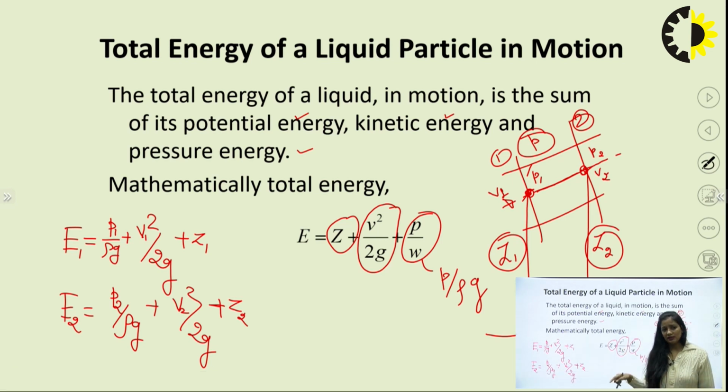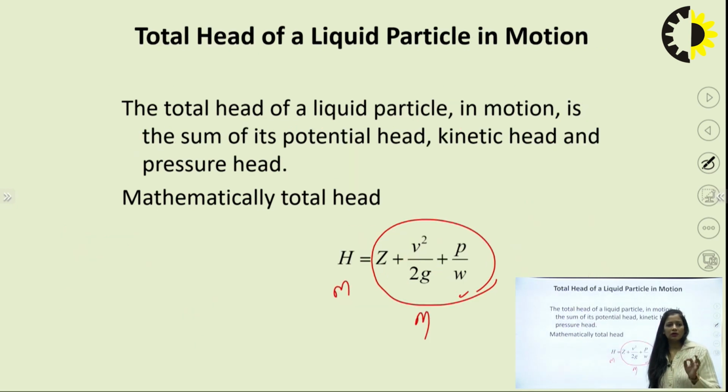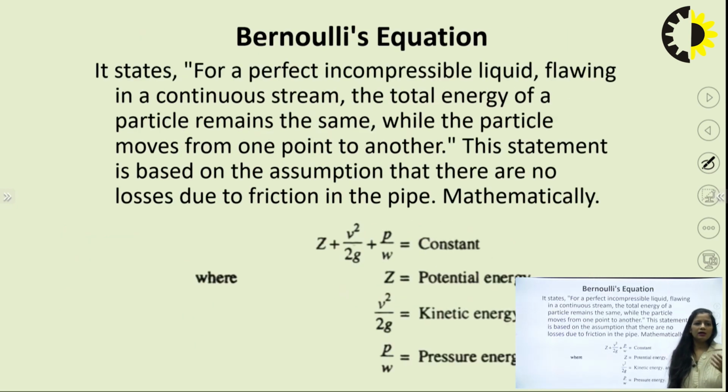Bernoulli says that the total energy at section 1 and section 2 must be equal, or you can say the total energy contained in a flowing fluid must be constant. That is the simple statement of the Bernoulli equation, but there are some assumptions.